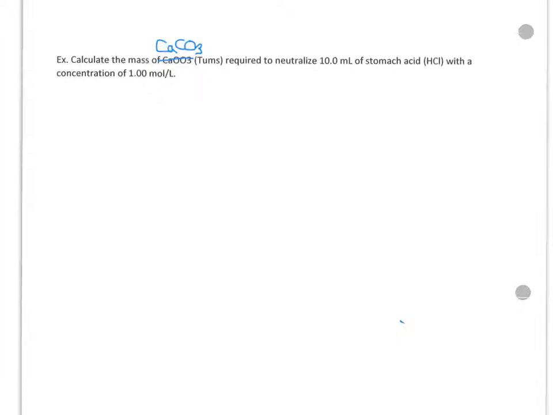So once again, start by writing out your balanced chemical equation. We know our reactants are going to be hydrochloric acid and calcium carbonate. Because it's a neutralization reaction, we're going to have a double displacement of our cations.